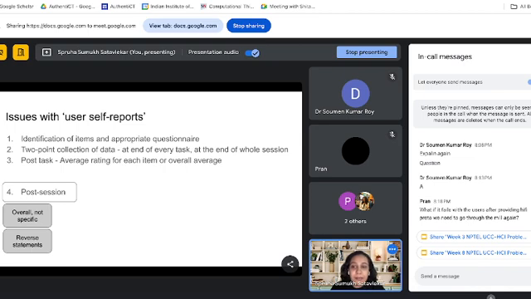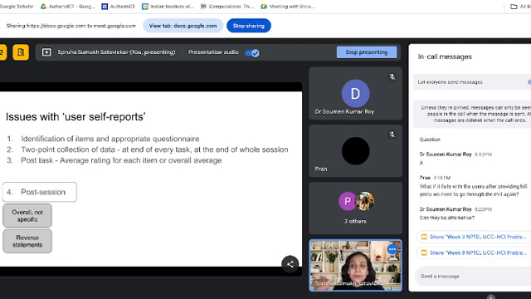What the reverse statements do is they test whether the user is actually reading your statements and then giving feedback or not. One statement could be positive, like I could find the appropriate task point every time with ease, and the reverse statement would be like this system was difficult for me to navigate.